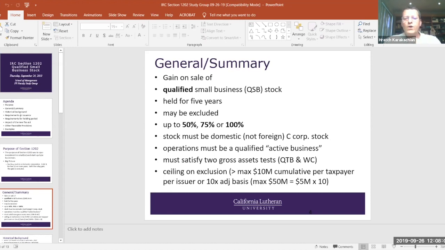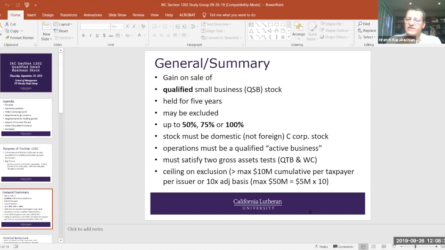Another requirement is that the operations of the corporation has to be a qualified active business. And there's two requirements underneath this qualified active business requirement that I'll get into in a few slides. And there's some gross asset tests. After the investment is made, this qualified active business has to satisfy these two gross asset tests.